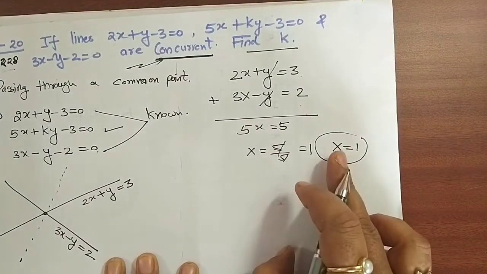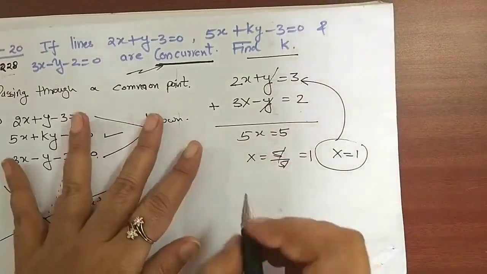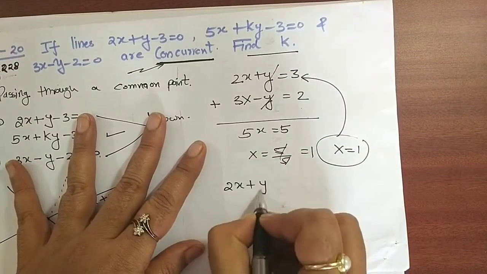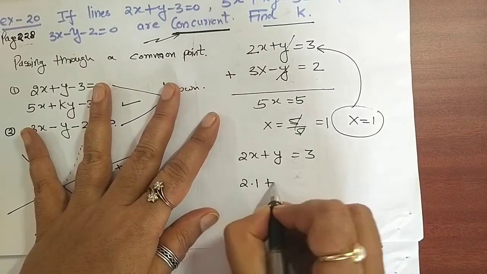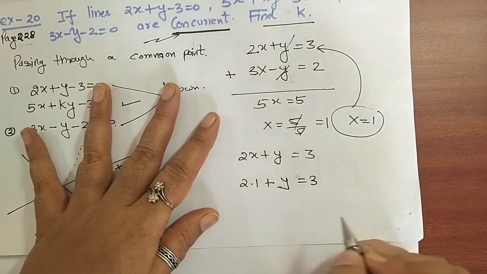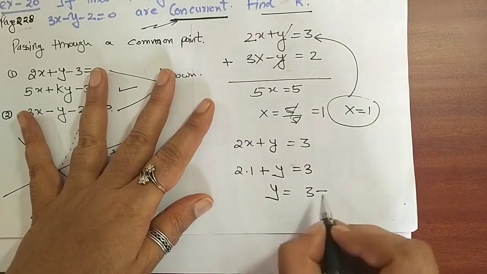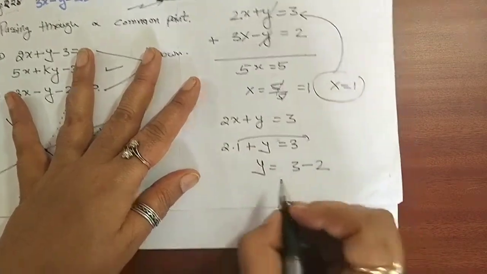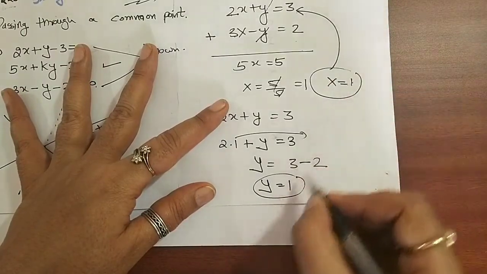Now this I can put in the first equation to get y. So my 2x plus y is 3. I am putting 1 here. So it is 2 into 1 plus y is 3. So y will be 3 minus 2. Correct. This will go there. So my y is 1. So I got x and y.